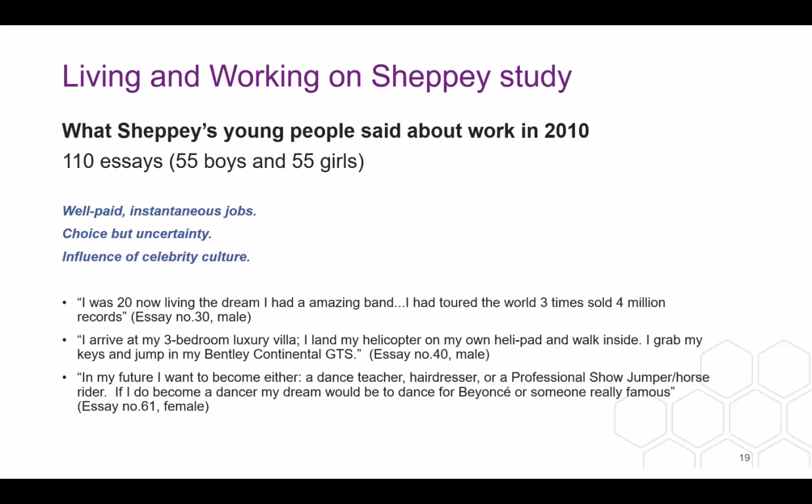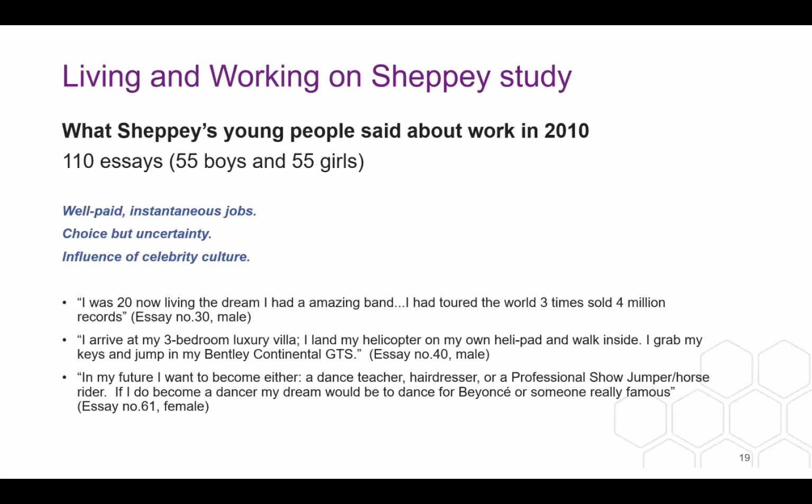So the students from the present day Sheppey imagined quite well paid, instantaneous jobs, included things like signing a contract for football or singing. There was a lot of choice in their lives, but also a lot of uncertainty. So we also clearly see the influence of celebrity culture, which again is something that the researchers really focused on in some of their publications. And you get a feel for this restudy from looking at the quotes there.